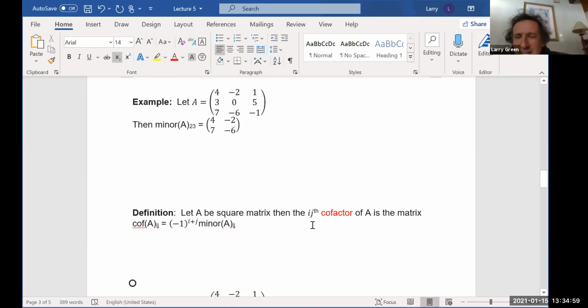Then the ijth cofactor of A is -1 to the i plus j times the ij minor of A. So this is a harder definition than minor, because you have to multiply by -1 to the i plus j. And note, by the way, what values can -1 to the i plus j take?